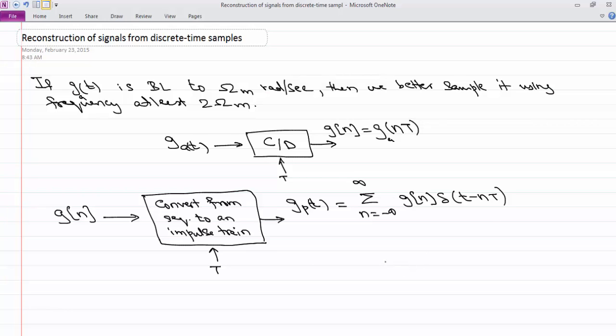You just take your samples and put down impulses every t seconds. If this is t equal to 0, the area of this impulse will be g[0]. If this is t equal to capital T, the area will be g[1]. Let's say this is g[2] at t equal to 2t, and so forth. We can go back and forth between these two without any loss of information.